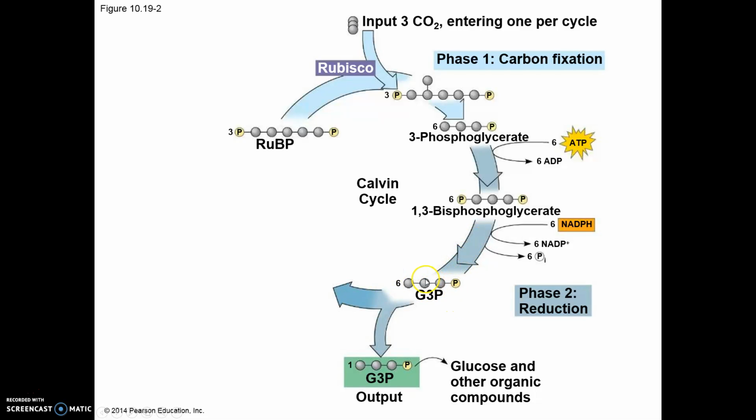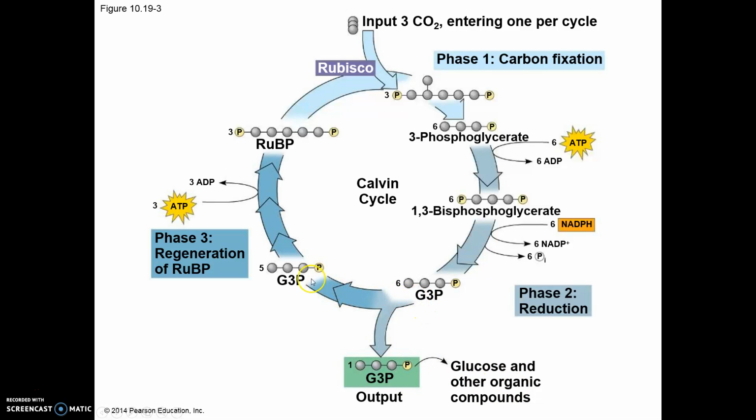We now produce this molecule. This molecule can either be exported to build glucose, or it can continue on to regenerate this initial starting compound. So this is a process where we take carbon dioxide, fix it, and we can bleed out some of this G3P to use elsewhere.